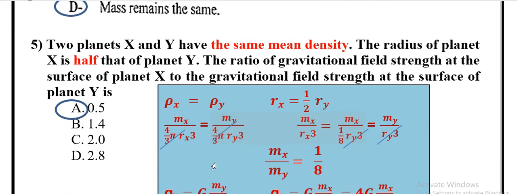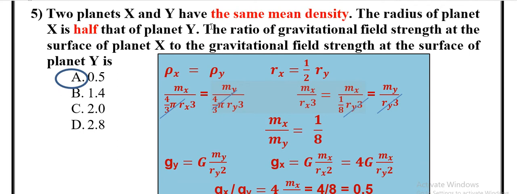Okay. Question number 5. Two planets X and Y have the same mean density. Same mean density doesn't mean that they have the same mass. The radius of planet X is half that of planet Y. Find the ratio of the gravitational field strength of X over the gravitational field strength of Y. The densities are equal, so density equals mass over volume of X equals mass over volume of Y. The constants 4 over 3 pi will be cancelled.